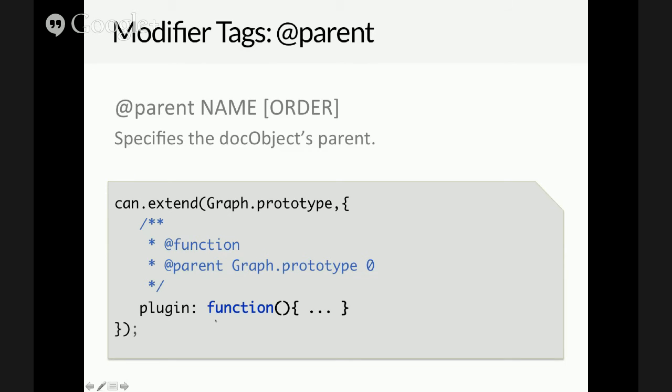So if I want this plugin to be on graph prototype, I can hard code that, and you can also specify what order you want this doc object to be shown in the sidebar. I'm saying I want it to be first. If you don't provide anything, it's just alphabetical. Essentially what happens is, I think it's alphabetical by default, except for things that actually have this number, and then it sorts them independently and puts them in the beginning.